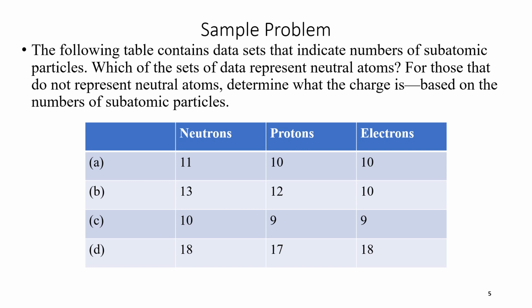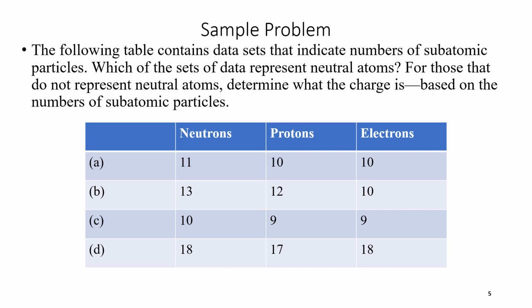For D, however, I have 17 protons and 18 electrons. To figure out what the charge is here, once again, I take the difference of the two. 18 minus 17 gives me 1, and because I have more electrons, that 1 extra is going to carry a negative charge, and therefore I have an overall charge of -1 for D.